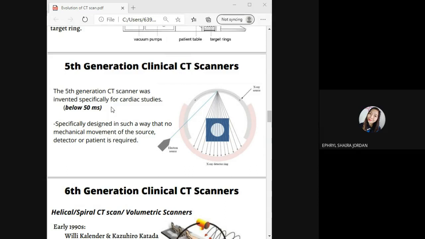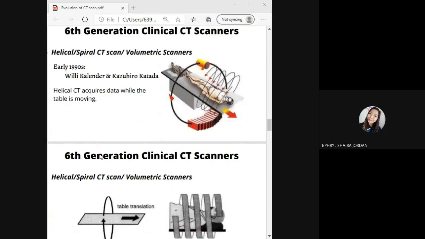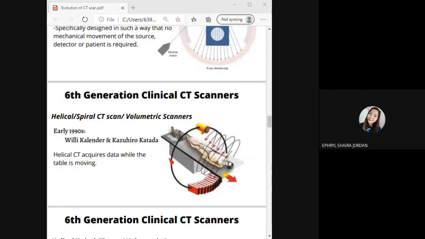Now, let's move on to the sixth generation CT scan. So, the sixth generation CT scan is also known as the helical or spiral CT scan, or volumetric scanners.